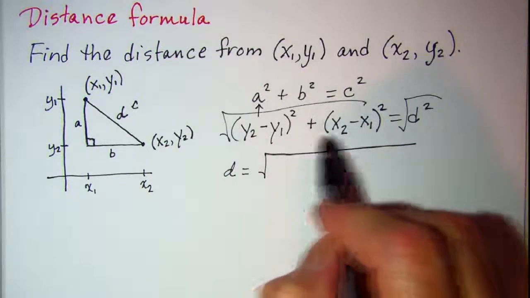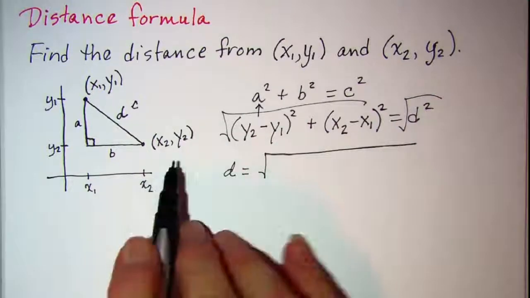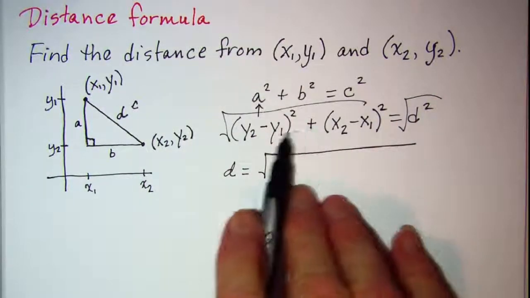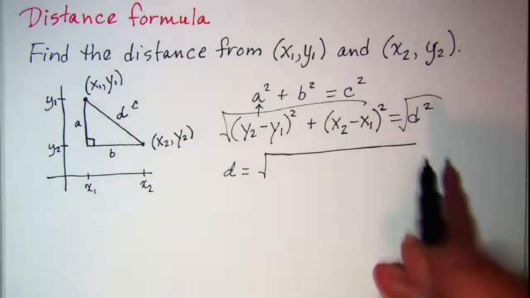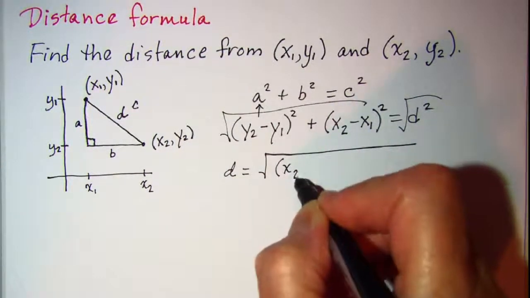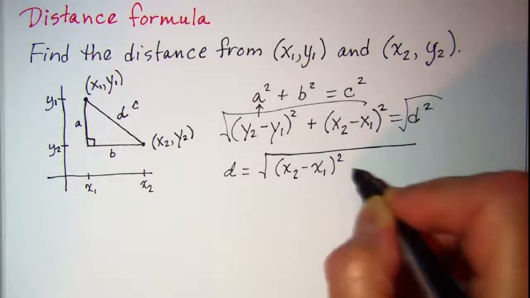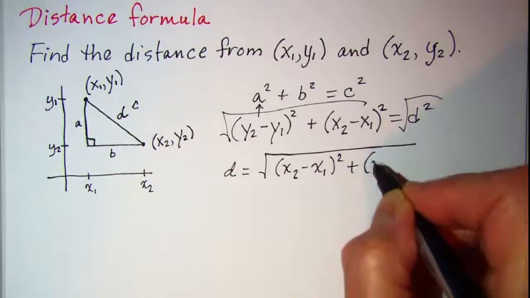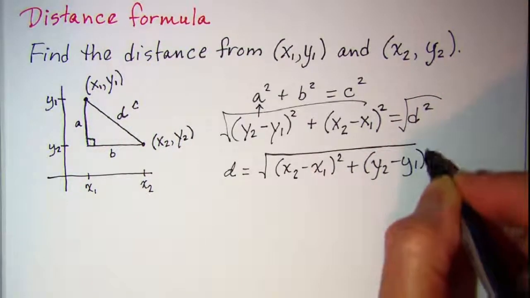And I normally put my x's first and then my y's. Again, it doesn't matter because addition is commutative between these two terms. So I'm going to write x2 minus x1 quantity squared plus y2 minus y1 quantity squared.